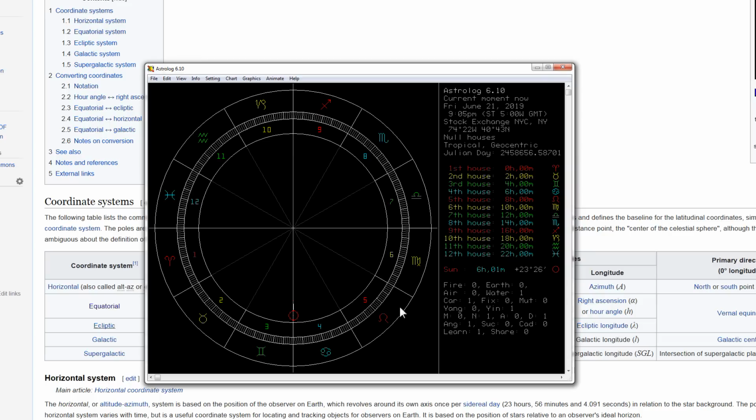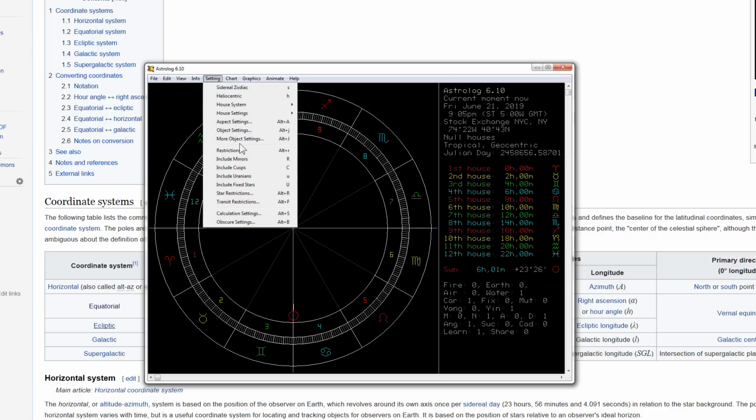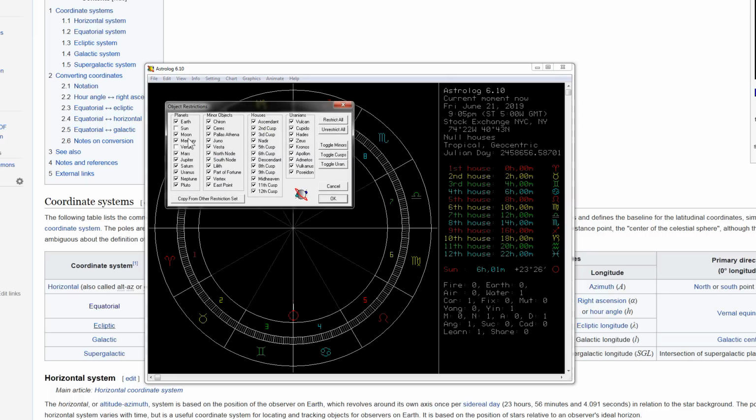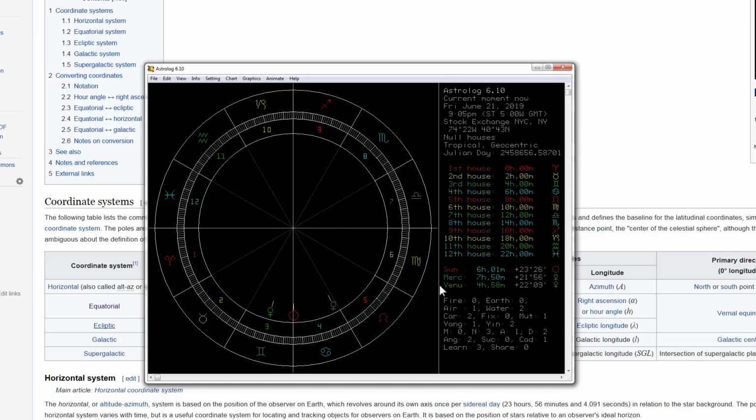Now the thing is, because this coordinate system is based on the Earth, all of the planets, if I turn Venus and Mercury back on just as an example, their declination is going to be very close to the sun's declination.